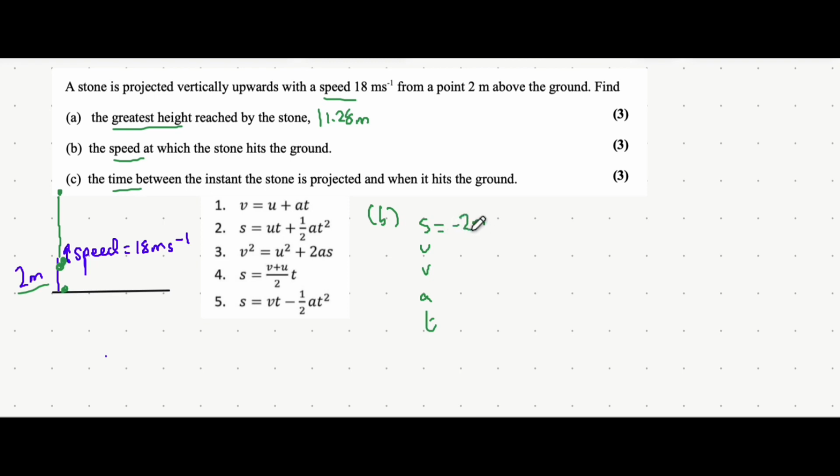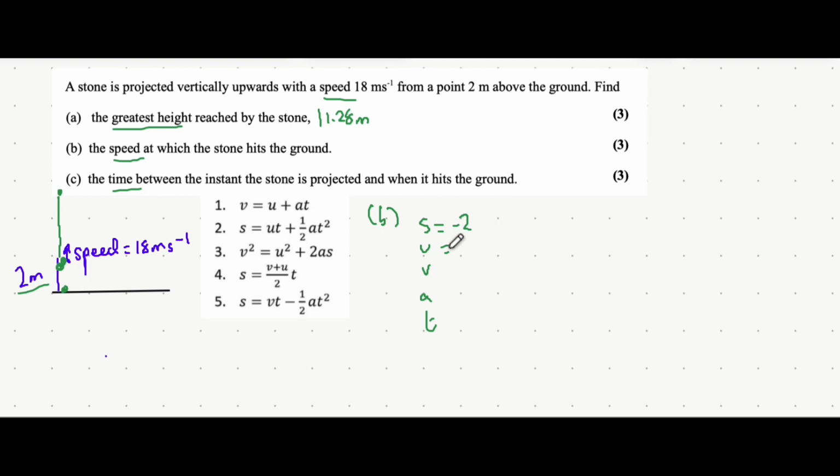The reason I wrote it as a negative is because throughout the whole investigation, we took going upwards as positive displacement. So if it goes in the opposite direction, it has to be negative because it's a vector. Also, the displacement is the distance from your starting position to your ending position, which is why even if it moves a certain distance throughout the journey, we only consider the start and end position. And so the distance between that is minus 2.